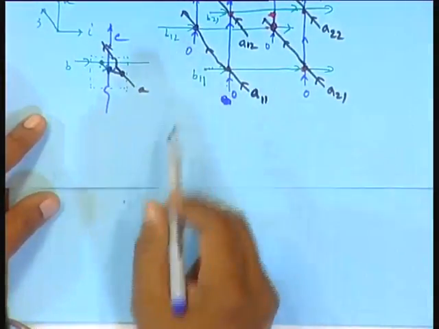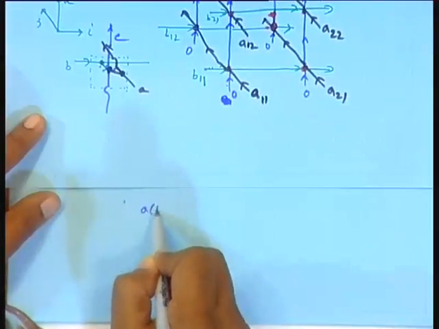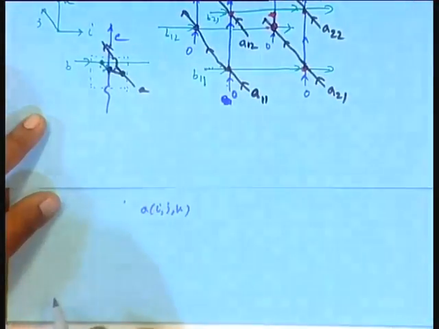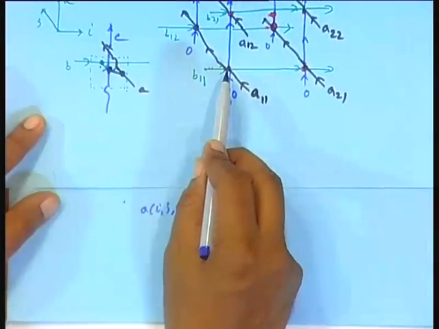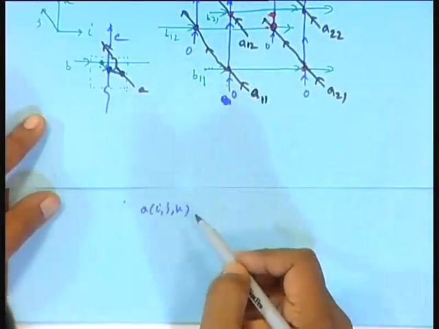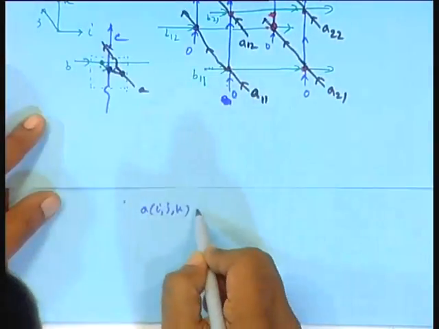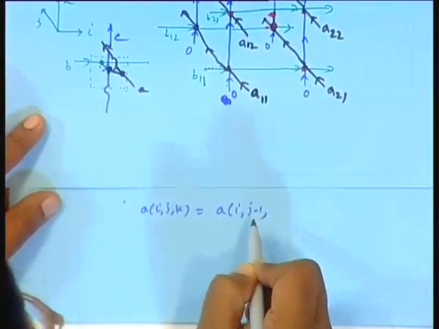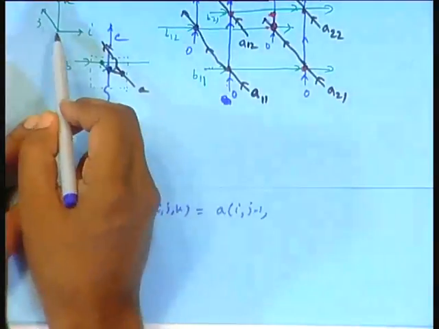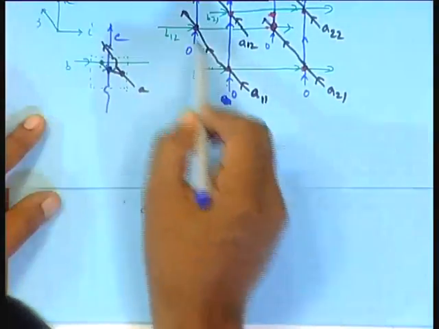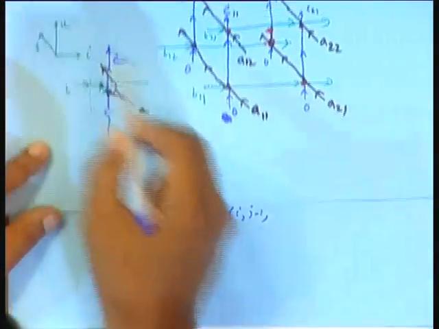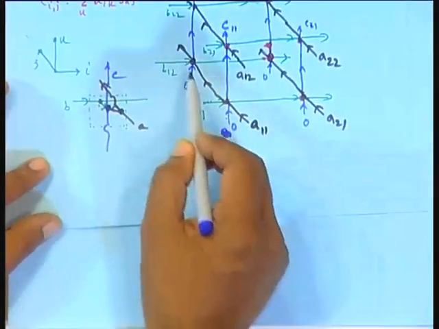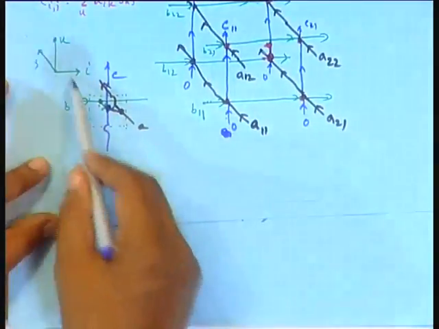Your A output, in general, at the coordinate I comma j comma k, going out is A(I, j, k), which equals A(I, j minus 1, k), because A is coming in the j direction. See the direction of A, that is the j axis.